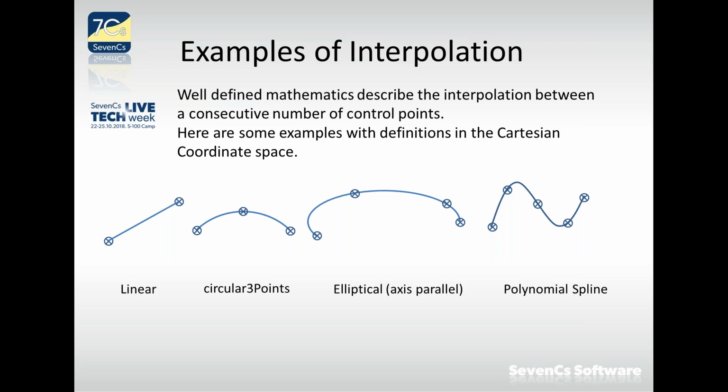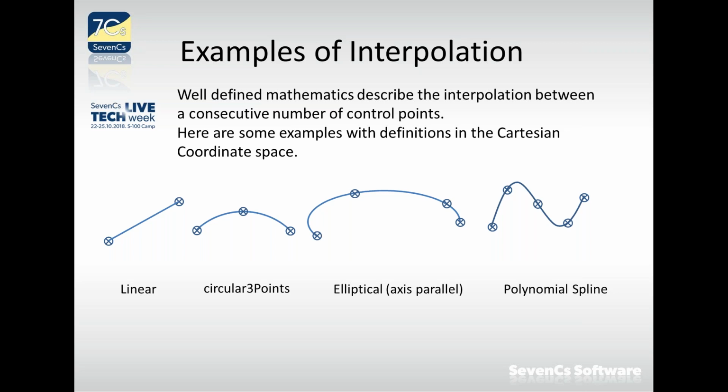So these are examples of interpolation which is well defined in the Cartesian coordinate space. I was tempted to give you now all the formulas for this interpolation, but then I said that would be too exciting, and we don't want to blow your head apart.